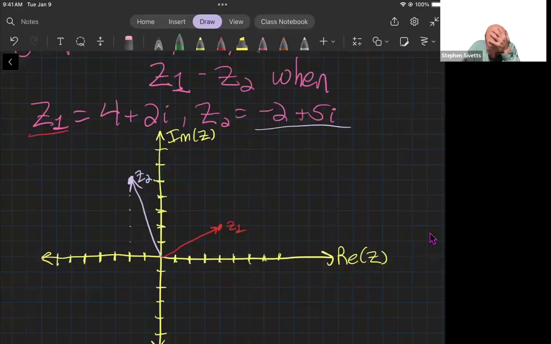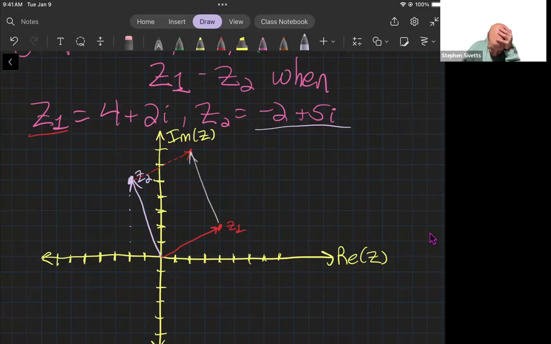So we are at 2 up and then 4 across. So what we can do is draw a vector that is parallel to z1. And we also can draw a vector that's parallel to z2, starting at z1. So we are at 1, 2, 3, 4, 5, and 1, 2.